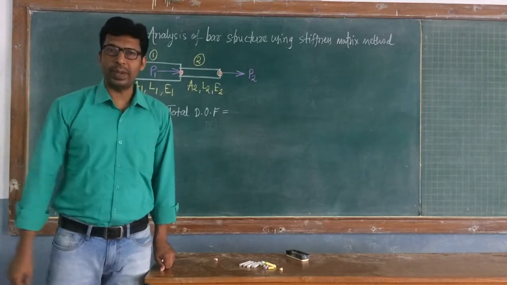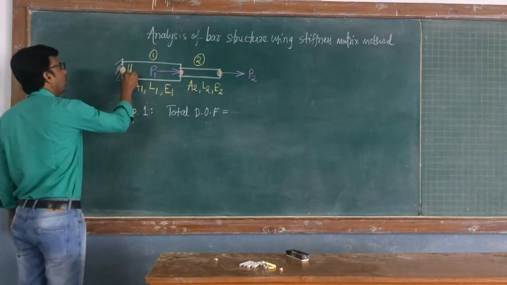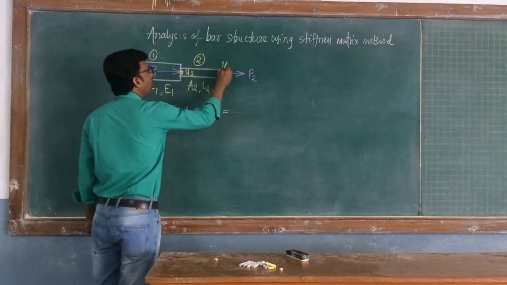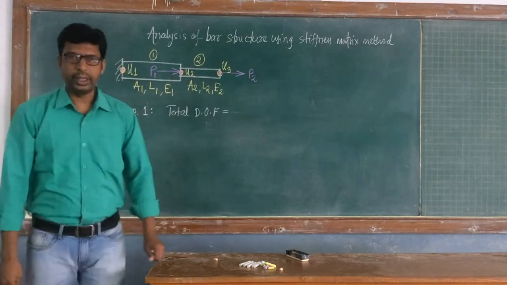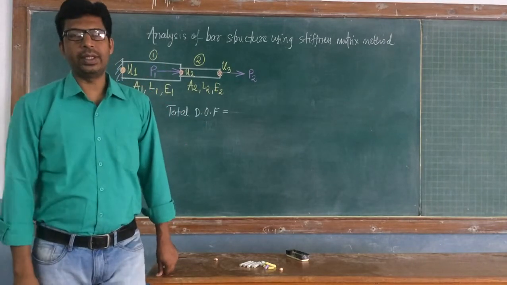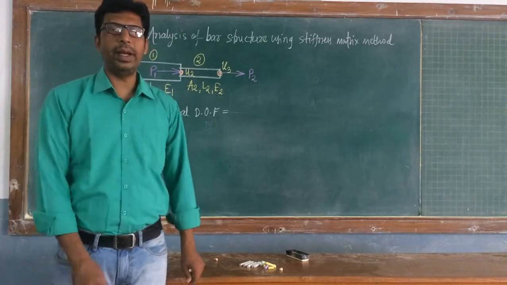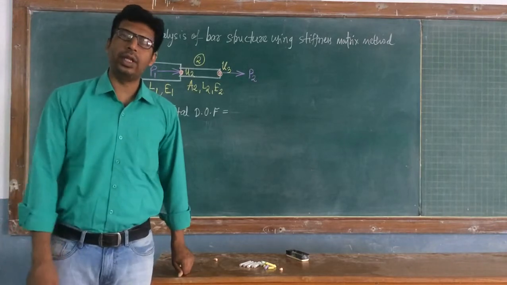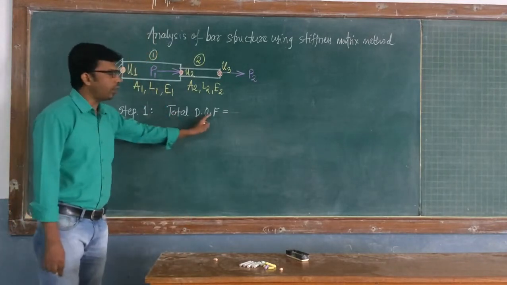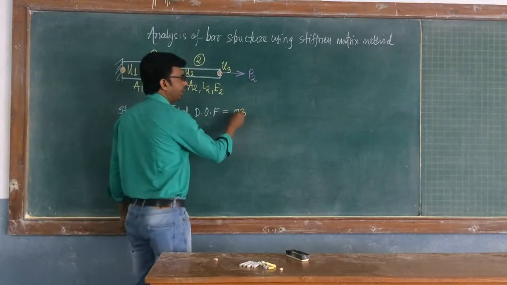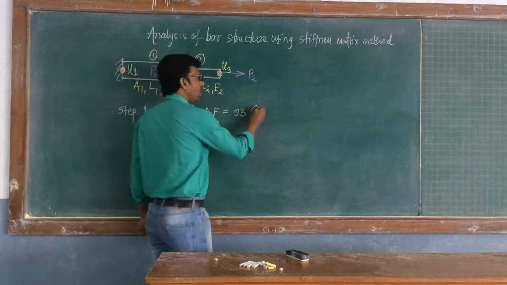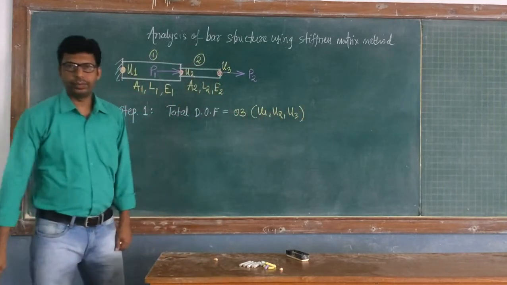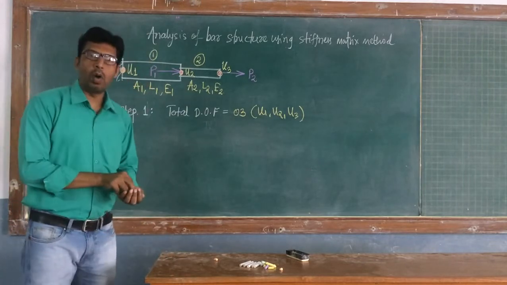Let us assume those displacements are U1, U2 and U3. 3 joints, 3 displacements. U represents horizontal displacement, and 1, 2, 3 represent the joint number. So U1, U2, U3 are the displacements at 3 joints. So total degrees of freedom are 3, that is U1, U2, U3. Okay, that is step number 1.